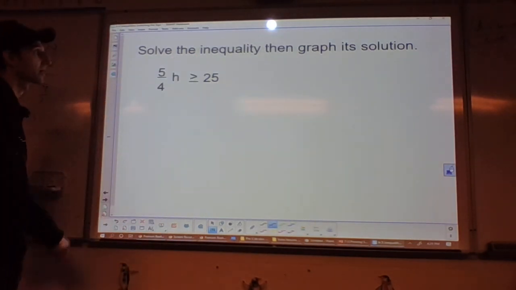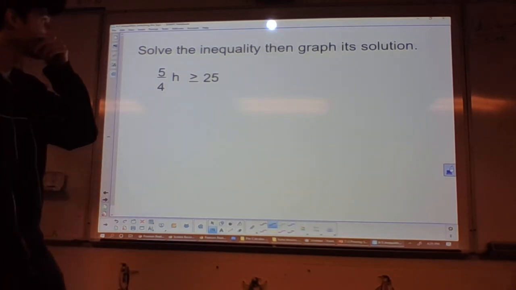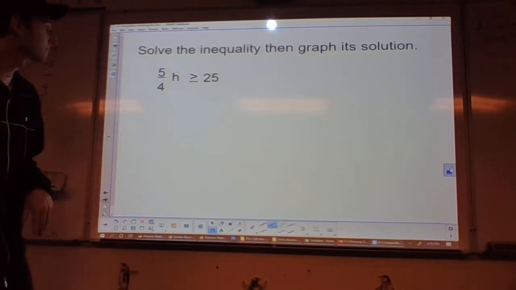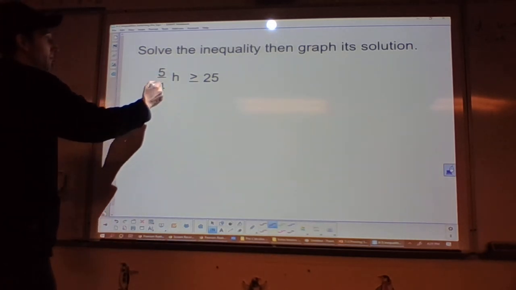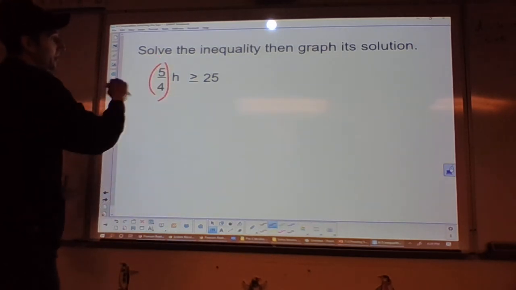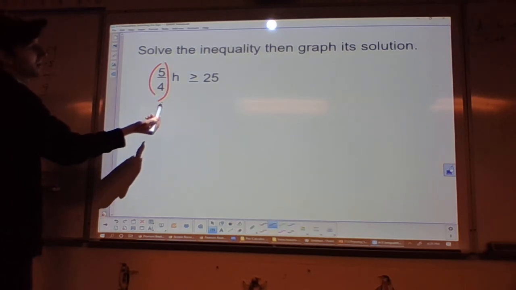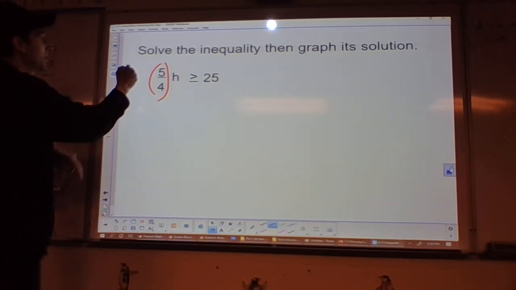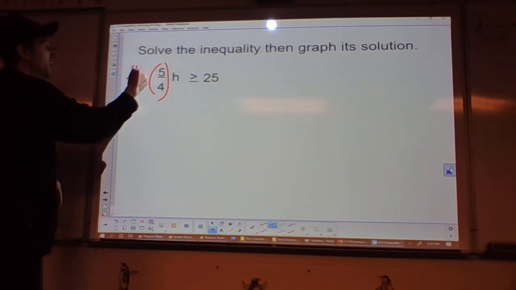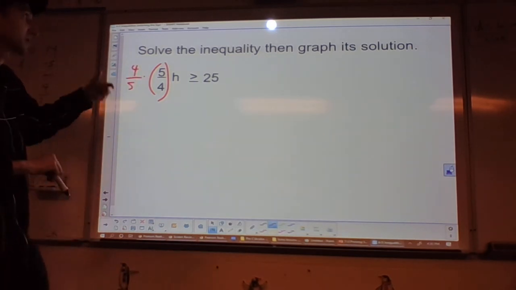All right, last one here. Flip or no flip? This one, you don't flip because you're just getting rid of this 5/4. Now, how do you get rid of a fraction? Well, you can divide by a fraction, but instead of dividing by a fraction, you can multiply by the reciprocal, which is 4/5.